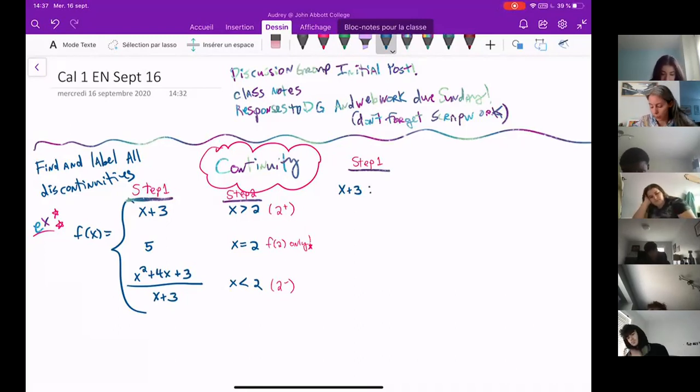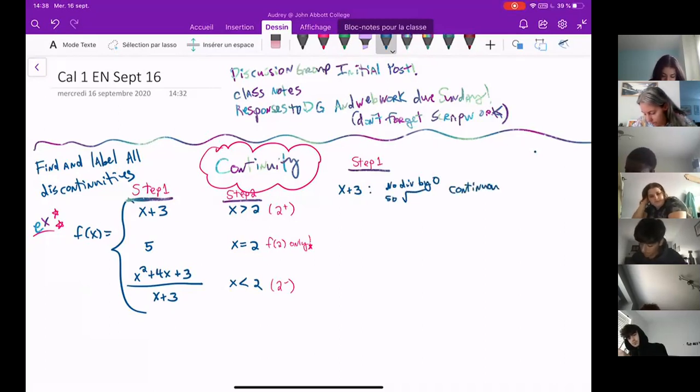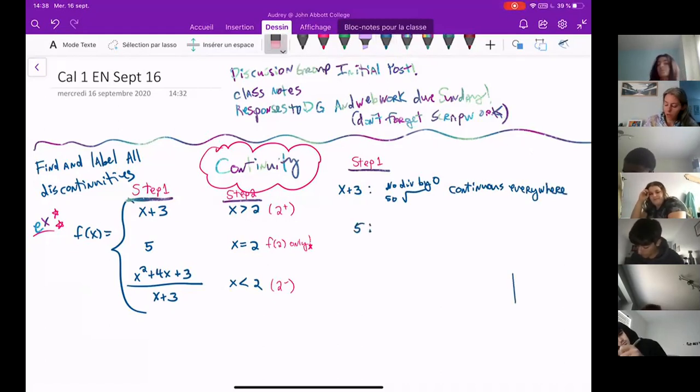There's also no square root, so this is continuous everywhere. Then we look at 5. 5 also is the same thing. No division by 0, no square root, nothing. So this is also continuous everywhere.